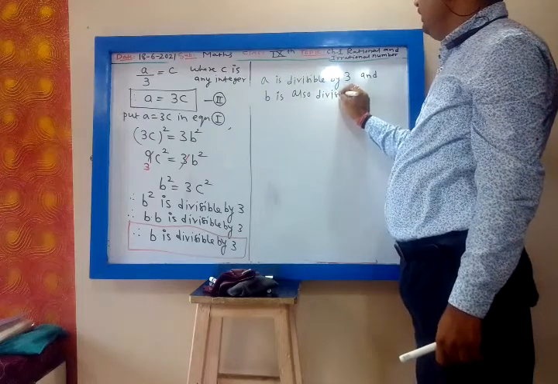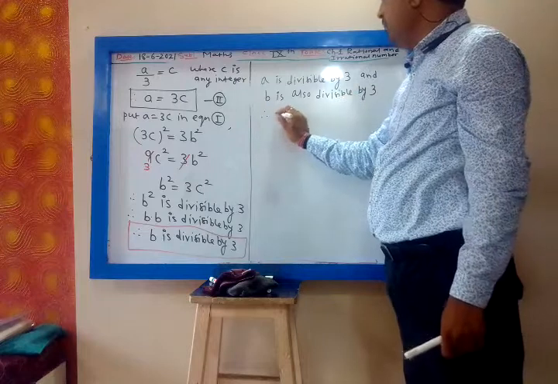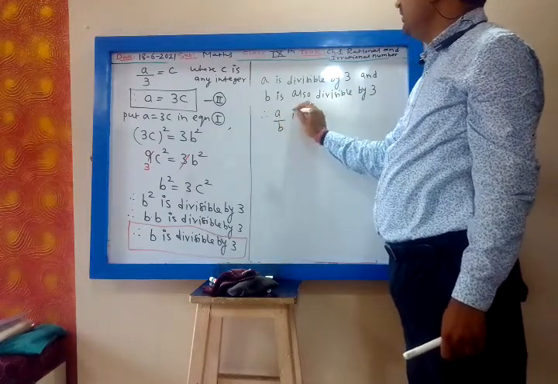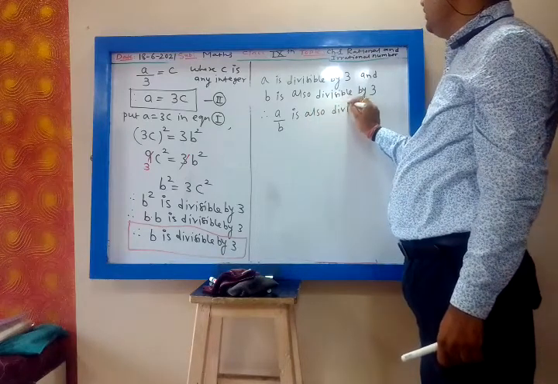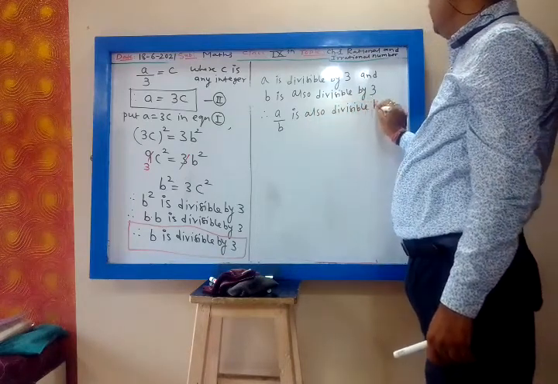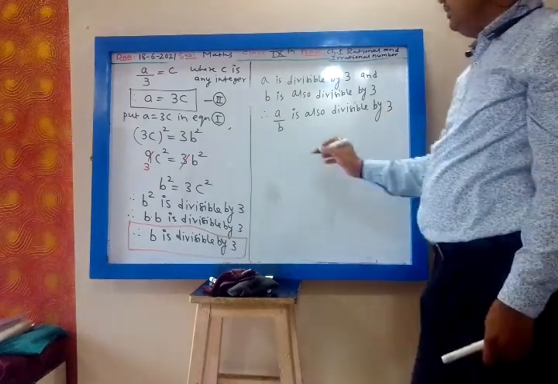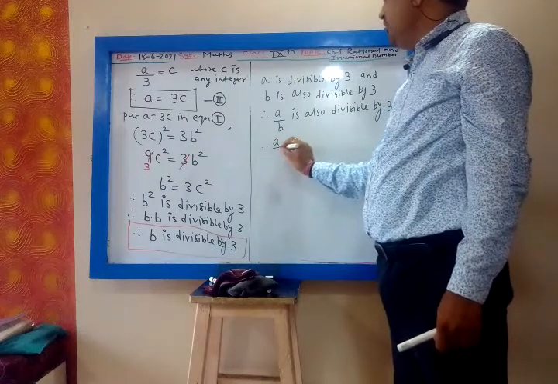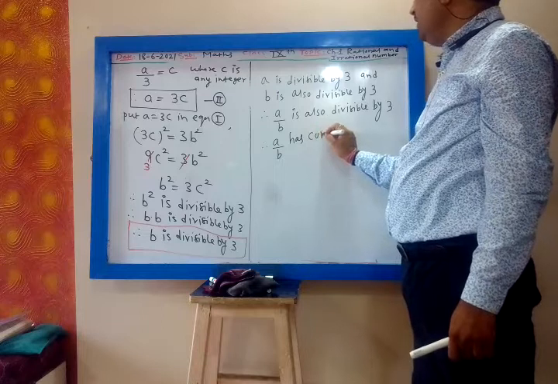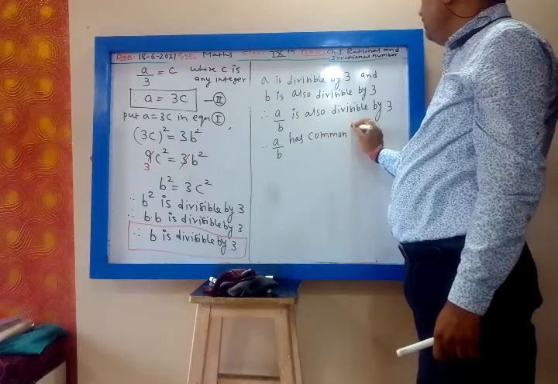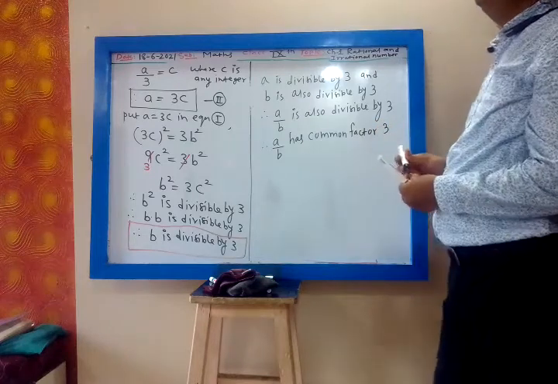So if A and B both are divisible by 3, that means A upon B is also divisible by 3, because each one you can divide by 3. That means A upon B has common factor 3, because A upon B is divisible by 3.